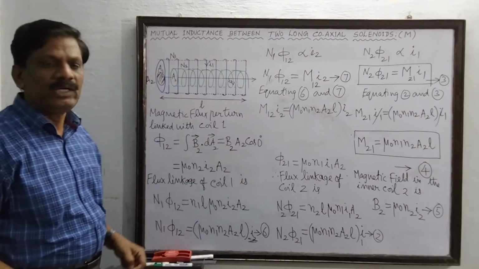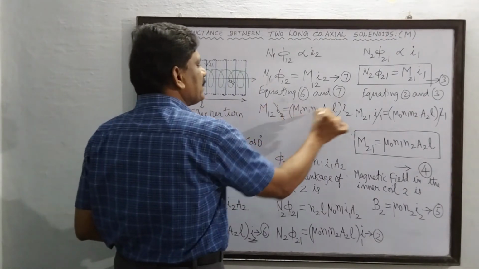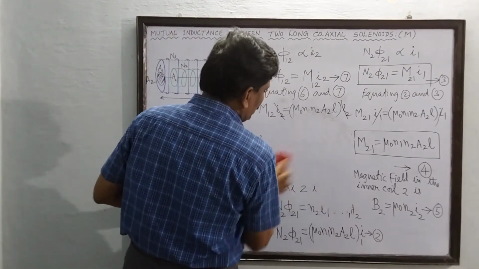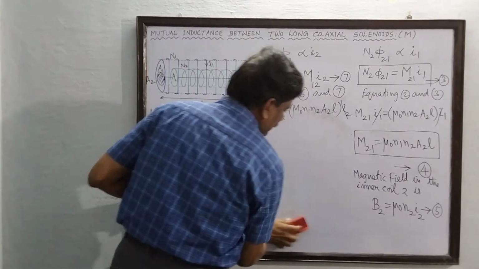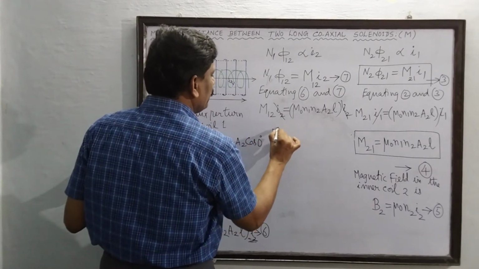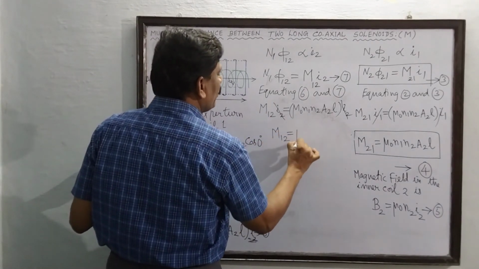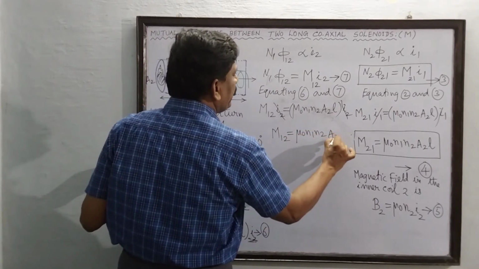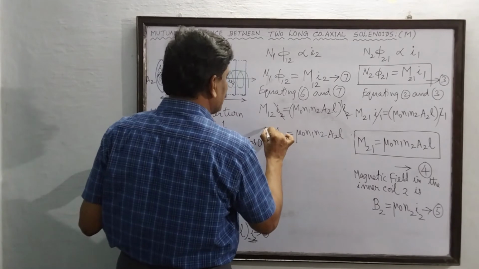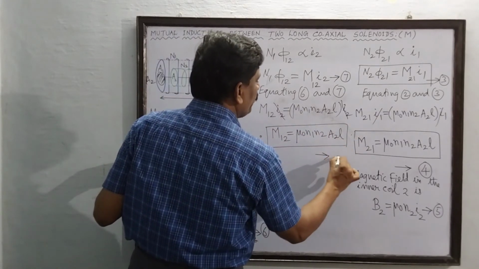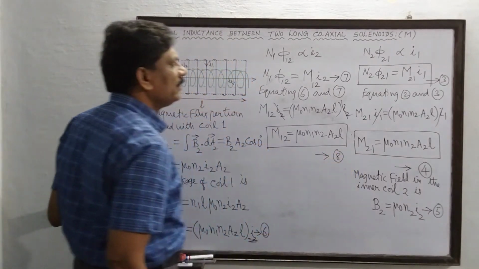Now cancelling I2 on both sides, what is the remaining term? After cancelling, it is found that M12 is equal to mu naught N1 N2 into A2 into L. So this is another main equation, and this can be taken to be equation 8.